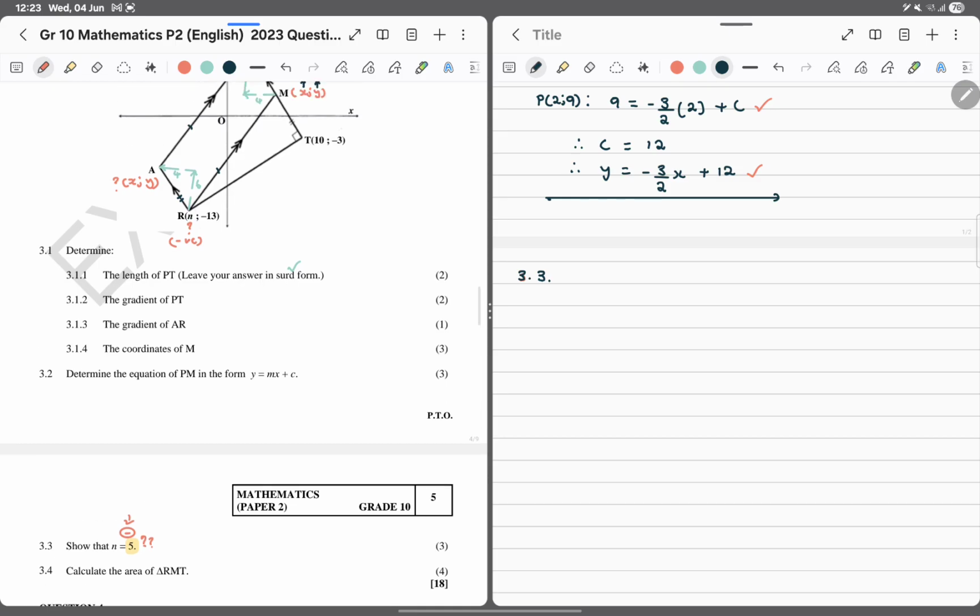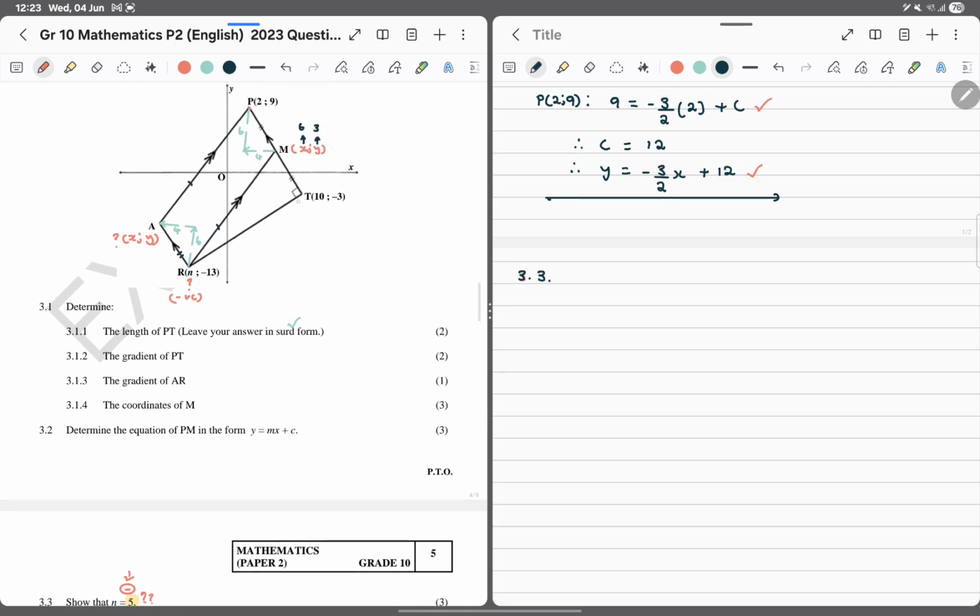So we know that here we just need the gradient of RT multiplied by the gradient of PT, giving us minus 1 because of that perpendicular nature of the two lines. So we know that gradient of RT multiplied by the gradient of PT, we should get minus 1. Why?